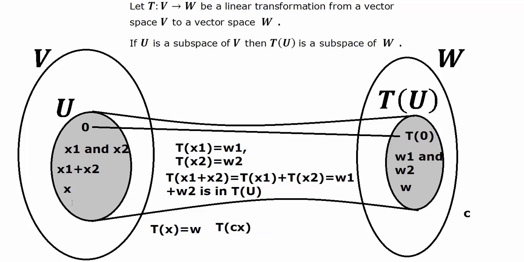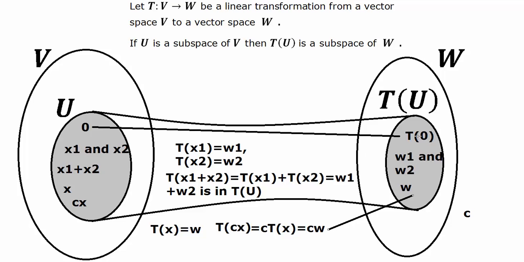Notice this, if x is in U, then U being a subspace means cx is in U as well, right? Okay, and because T is a linear transformation, this would be cTx, meaning cw, and then it just belongs in TU.